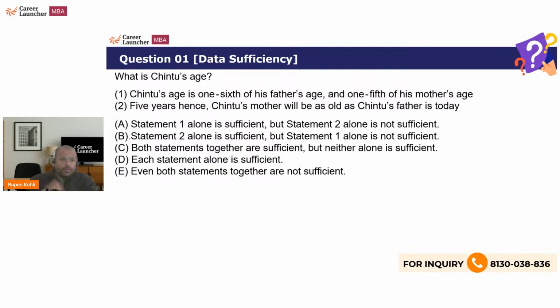You can see 5 options here, right? Because data sufficiency was something that was started by GMAT, which always asks questions in terms of 5 options. Indian exams also have incorporated data sufficiency from time to time, and sometimes they come with 5 options, sometimes with 4 options.